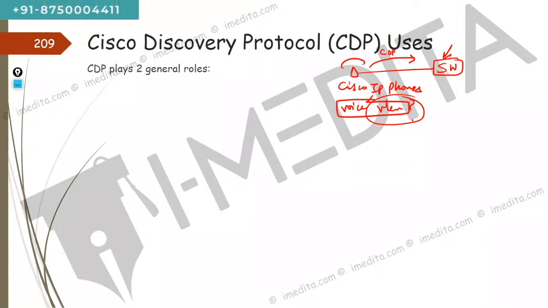So how will a switch know what voice VLAN information to supply to the phone? That is based on the configuration by the admin in the switch. So don't worry too much about the VLAN part. We will discuss this later some other day.